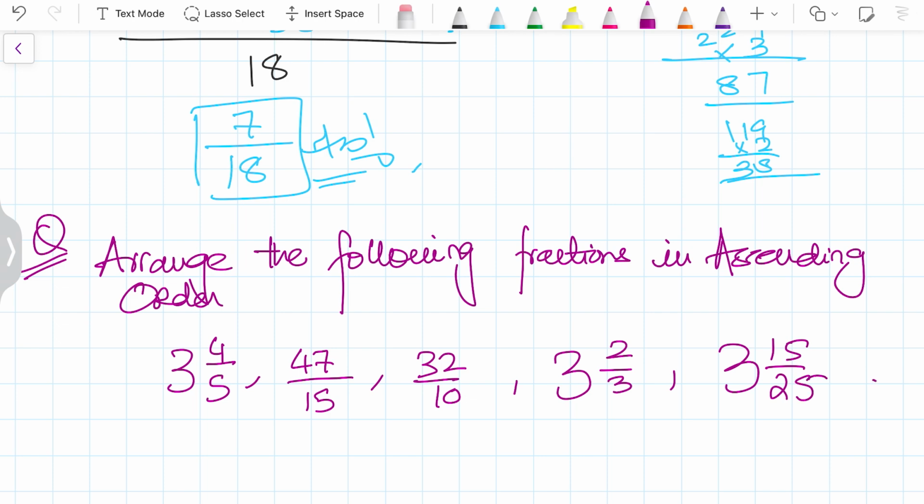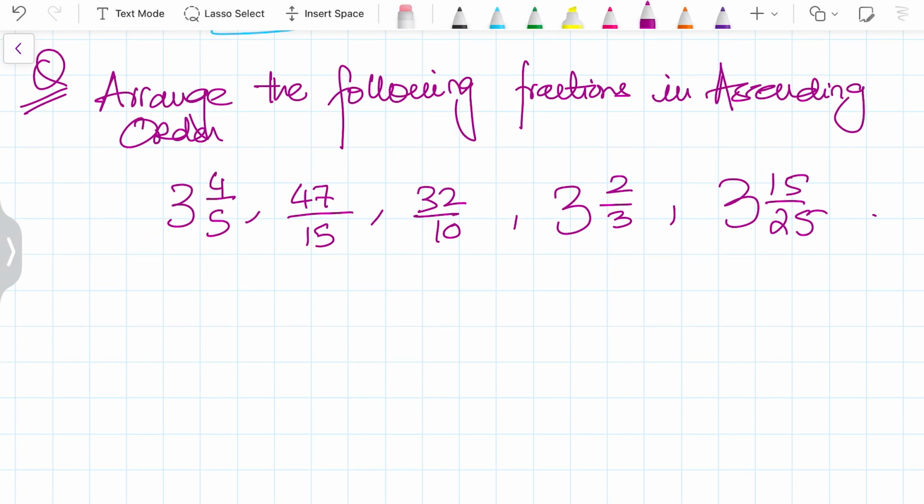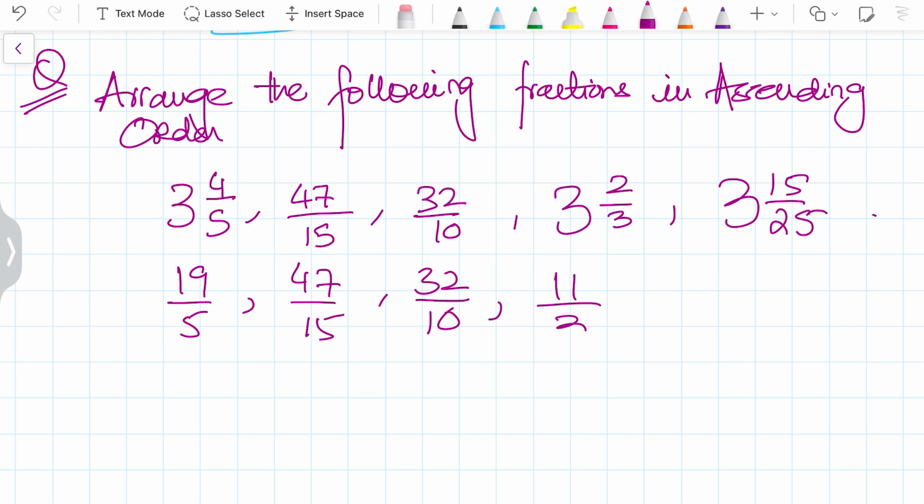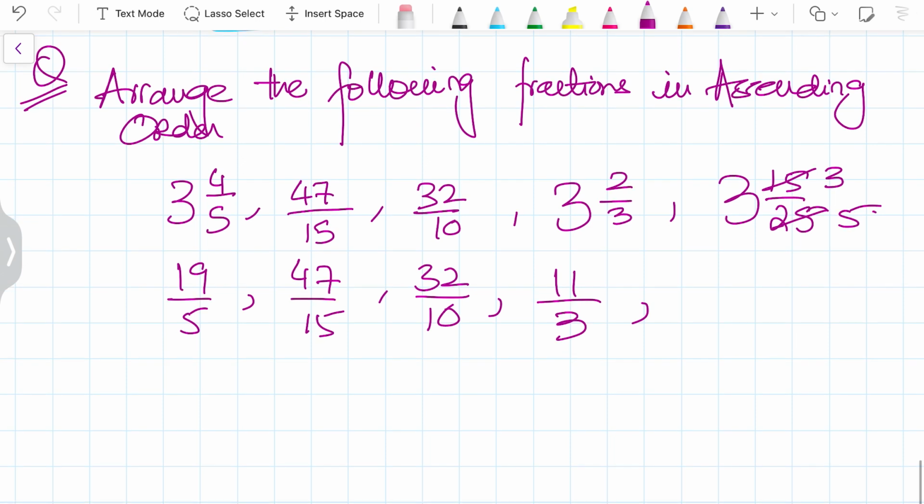The easiest way is to convert all of them into improper fractions and with the same denominator. 11 upon 3. And if I reduce this, this is like this. 18 upon 5.